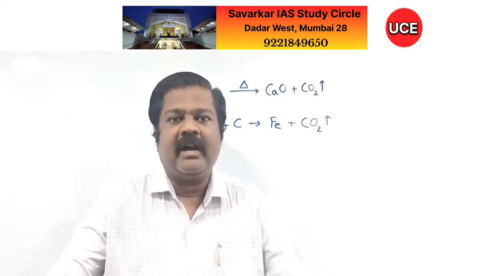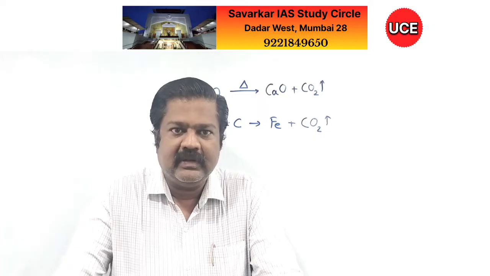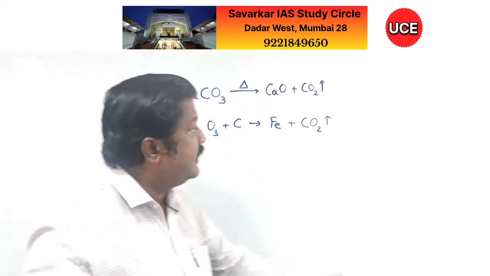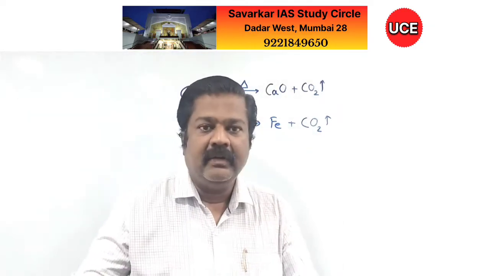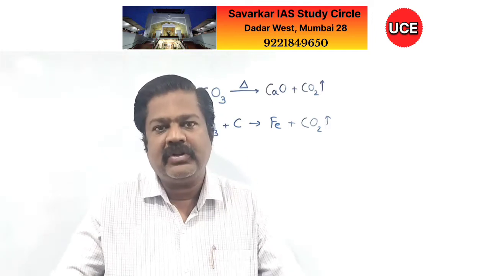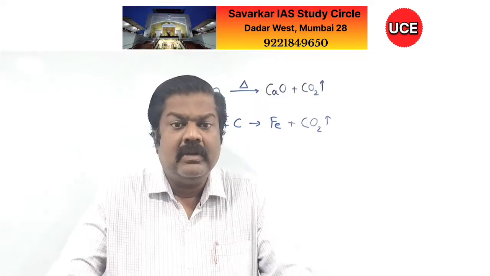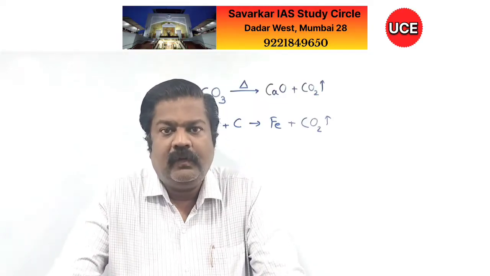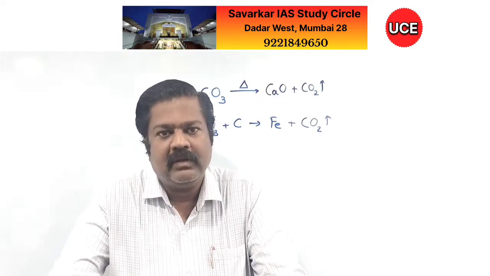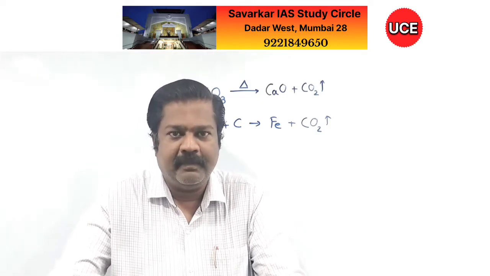Now when we decompose a substance and finally get something, say for example here I am getting iron. In the previous reaction I was getting either hydrogen or oxygen or both. On further decomposition, that substance should not undergo decomposition.